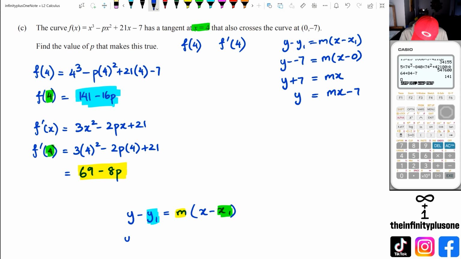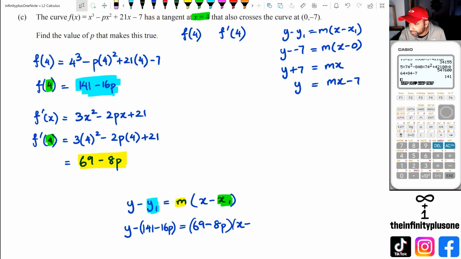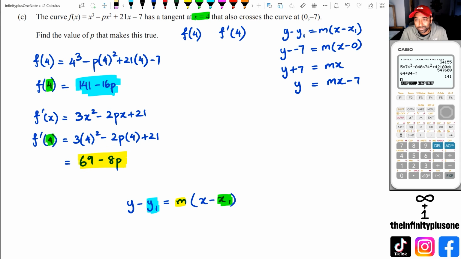So putting this all together, I'm going to get y minus 141, put that in a bracket, minus 16p equals 69 minus 8p times... I have a feeling I'm doing something wrong here. Yes, I am. The problem with this one is that I'm going to end up with an equation.